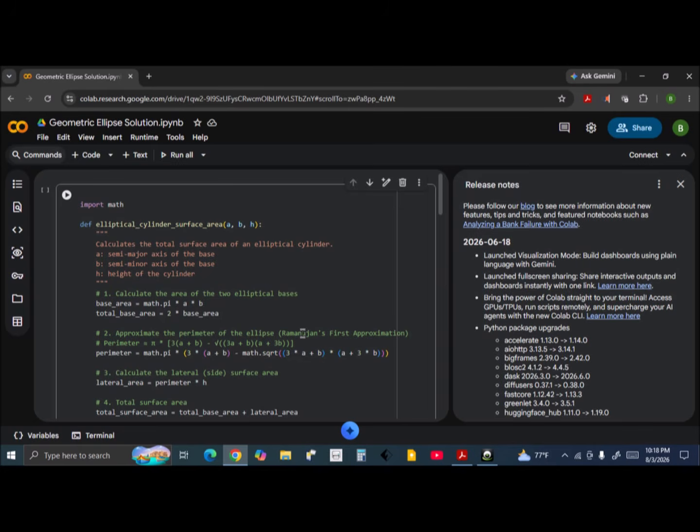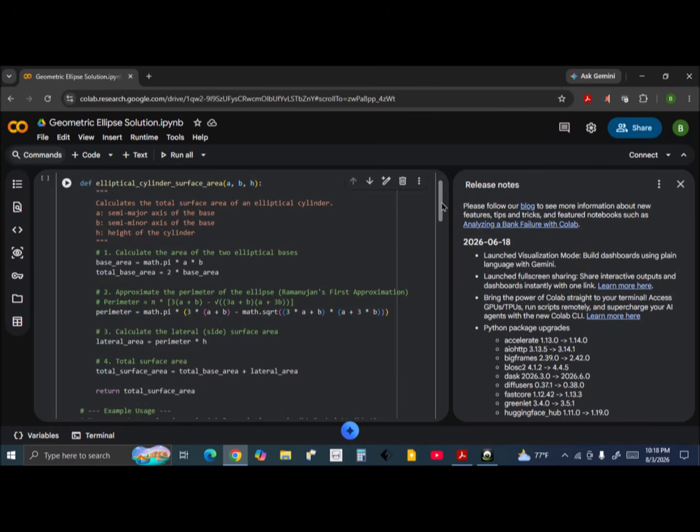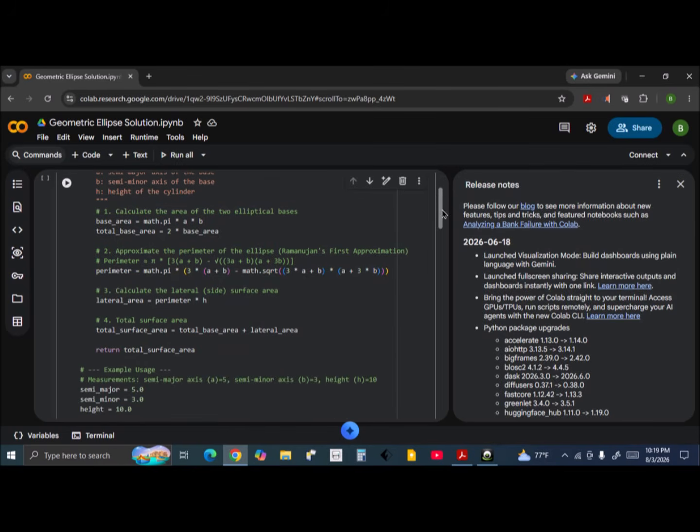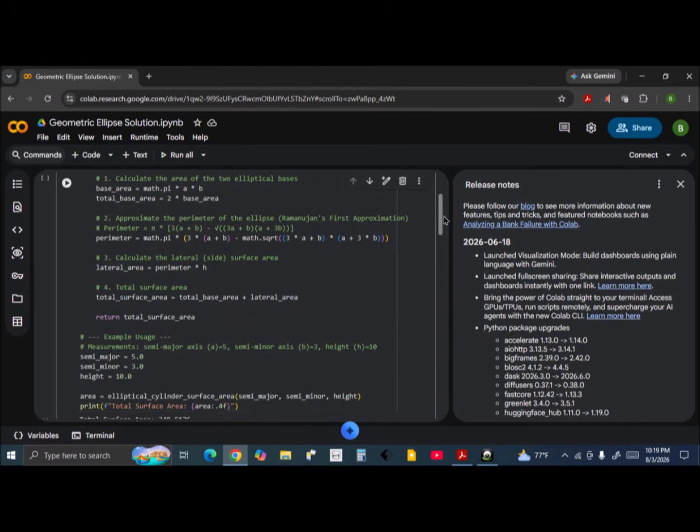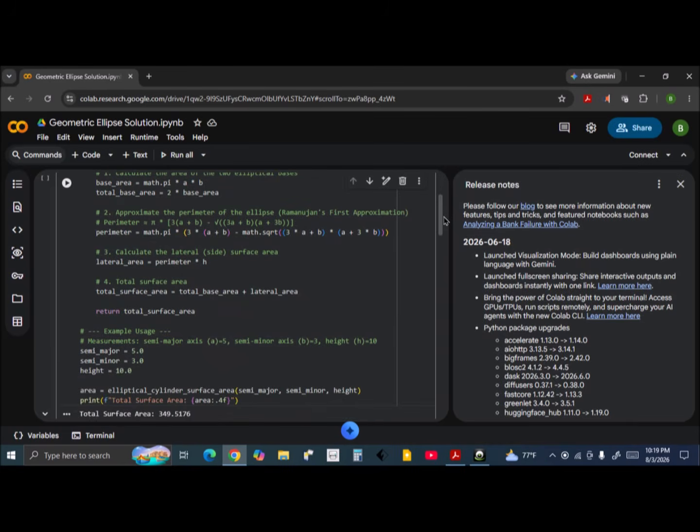This equation uses Ramanujan's first approximation, which everyone has a lot of high regard for, to calculate the perimeter. And so the lateral area, around the side of the cylinder, would be that perimeter of the ellipse times the height of the cylinder.